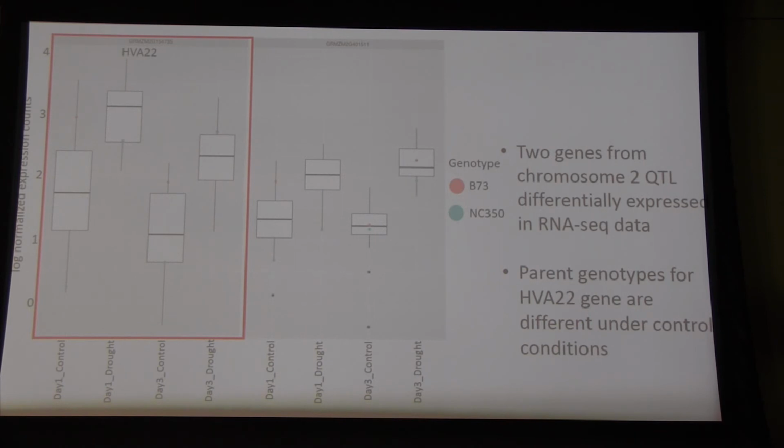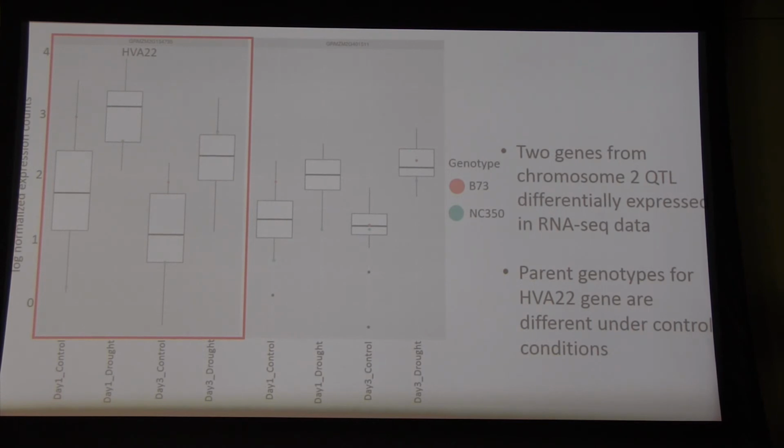But on day 3, there were 2 genes within that chromosomal region on chromosome 2 that was significantly associated with stomatal conductance that were also differentially expressed under drought. And so one of them in particular is this HVA22-like protein.